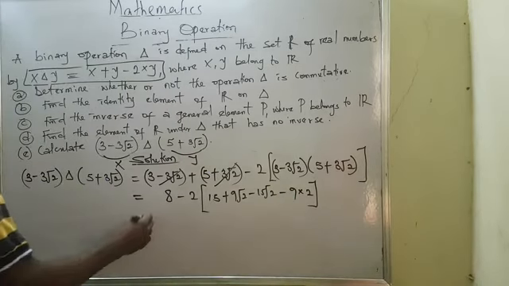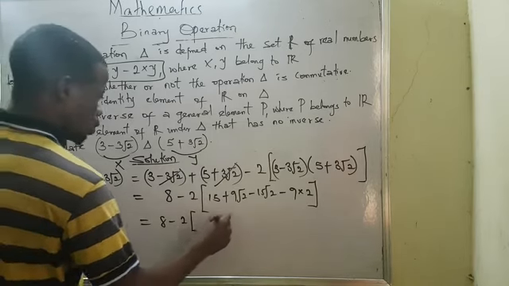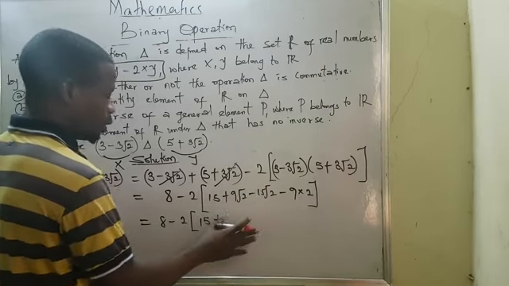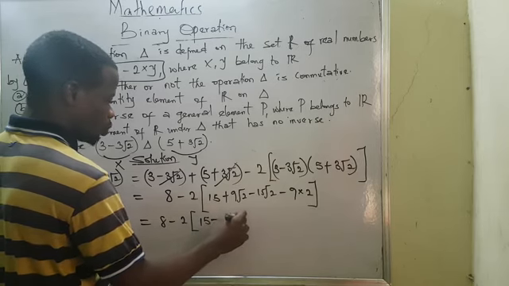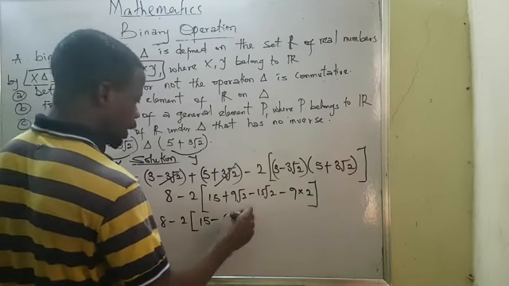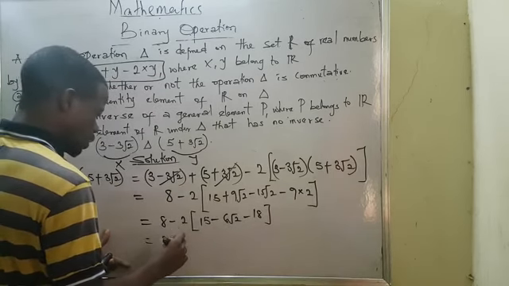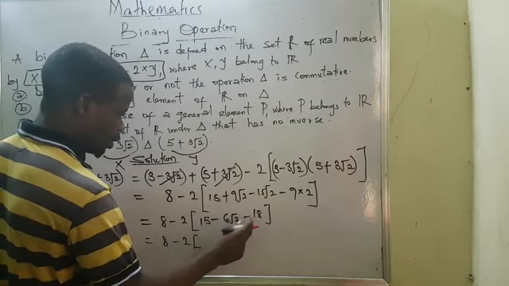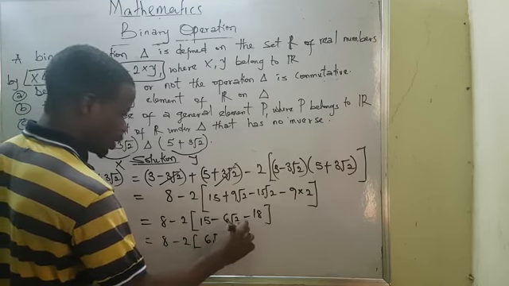So here we go, we have 8 minus 2, open bracket, 15 plus 9 minus 15. That should be minus 6 root 2, then minus 18. So you have 8 minus 2, open bracket of 15 minus 18, that will be 6 root 2 minus 3.